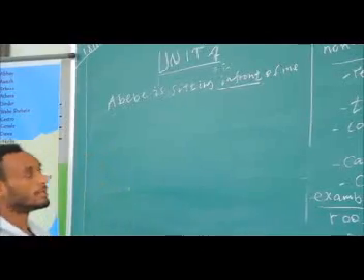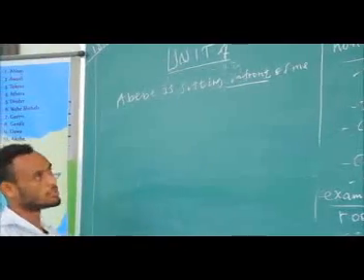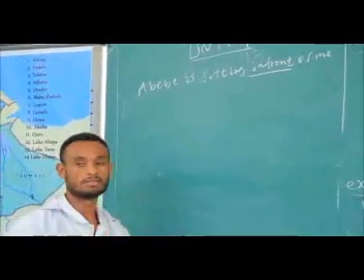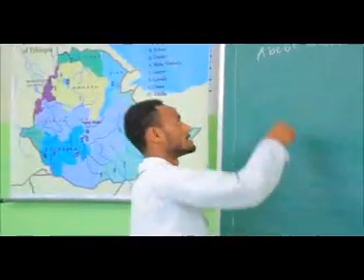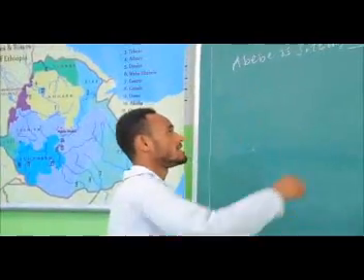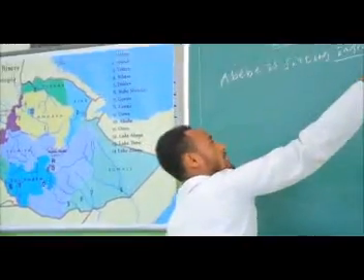You see, students, this is the way by which we locate a given object, or the way by which we describe a given object. So, Abebe is sitting in front of me.